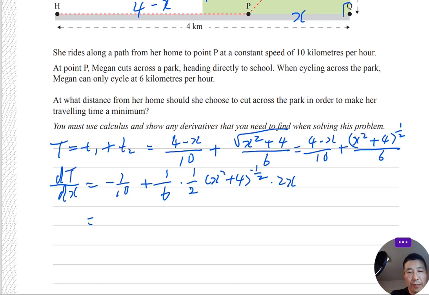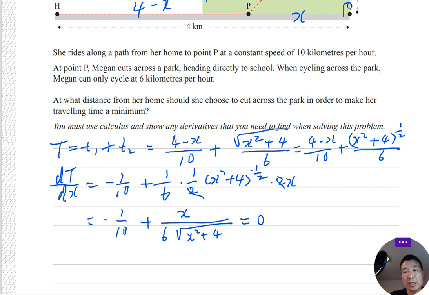I'm going to simplify this. Negative 1 over 10 stays the same, and that 2 and the other 2 cancel out. So what is left is x at the top and 6 at the bottom, and that becomes the square root of x squared plus 4 at the denominator, isn't it?